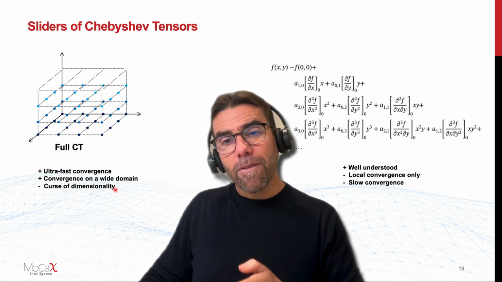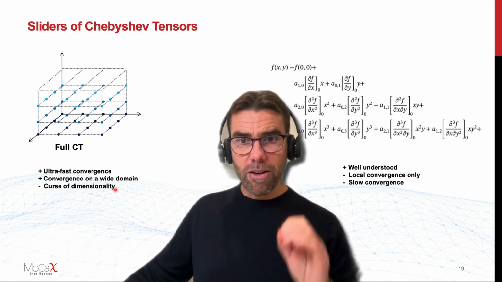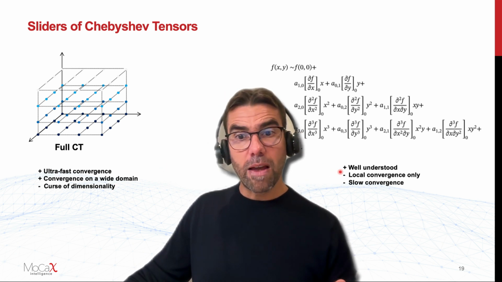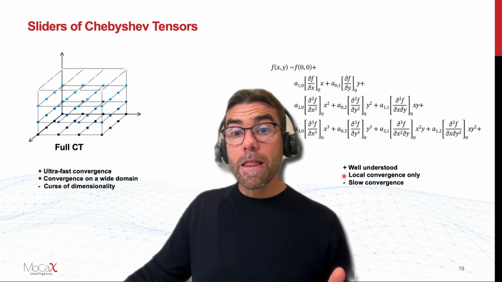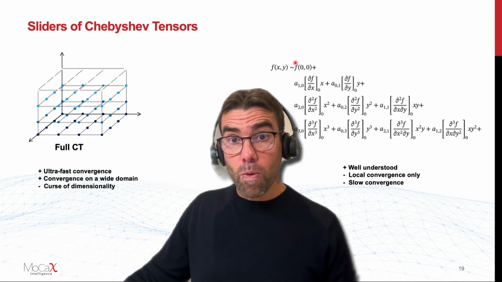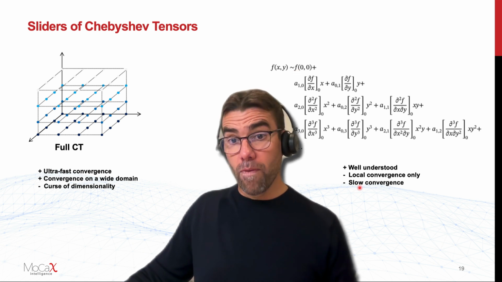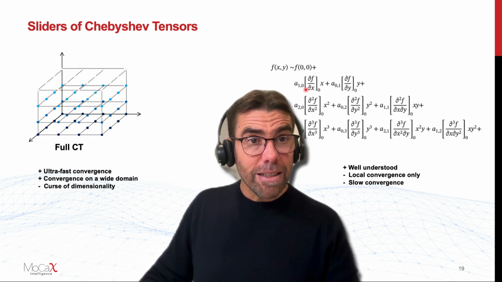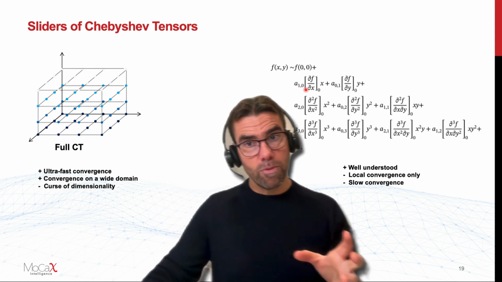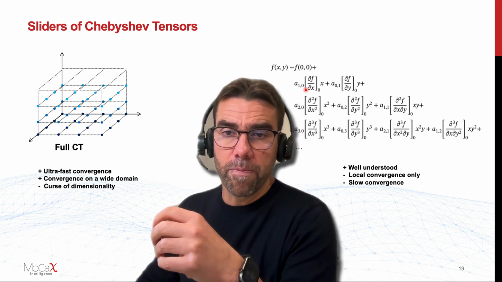Now, we have also Taylor expansions. The good thing about them is that they are very well understood. However, they only converge locally around the center of the approximation, and also they converge quite slowly. So again, Chebyshev tensors is a hybrid between these two because we're going to do the following.